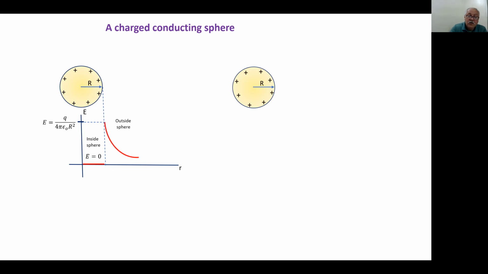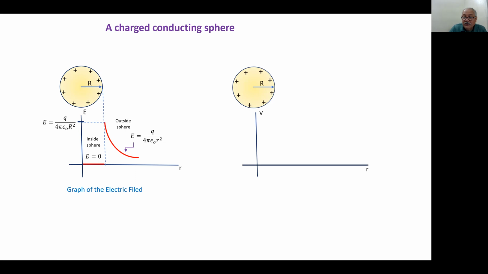And outside, of course, it takes the value of the formula we have for point charges. The electric field equals charge divided by 4 pi epsilon naught r squared. Wow, and this is for the electric field. We found this before. What happens to the electric potential?